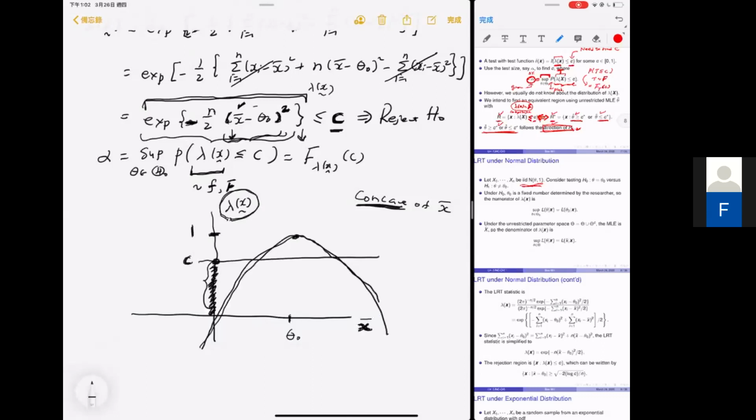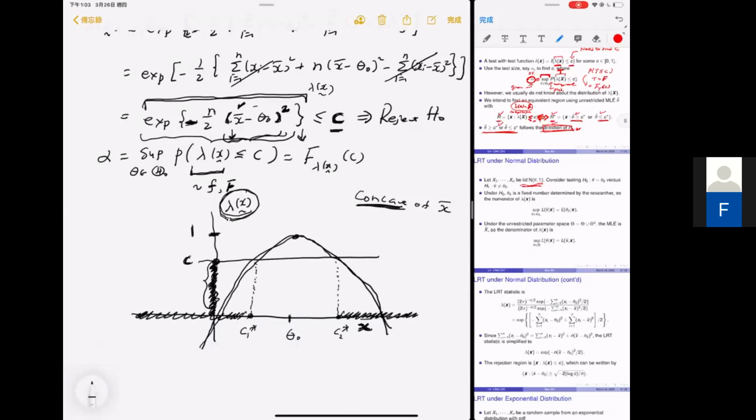Whenever lambda x is more than c, the x bar right here, let me use dots, I'm going to call this one C1 star and this one C2 star. Whenever lambda x is smaller than c, it maps on the x-axis to x bar bigger than c2 or x bar smaller than c1.